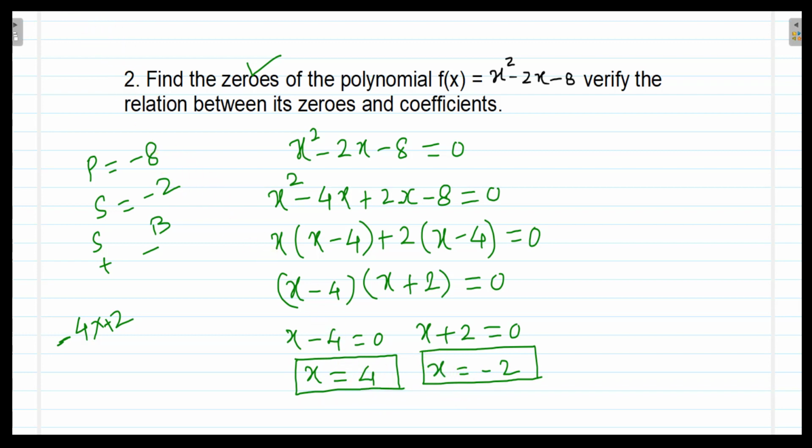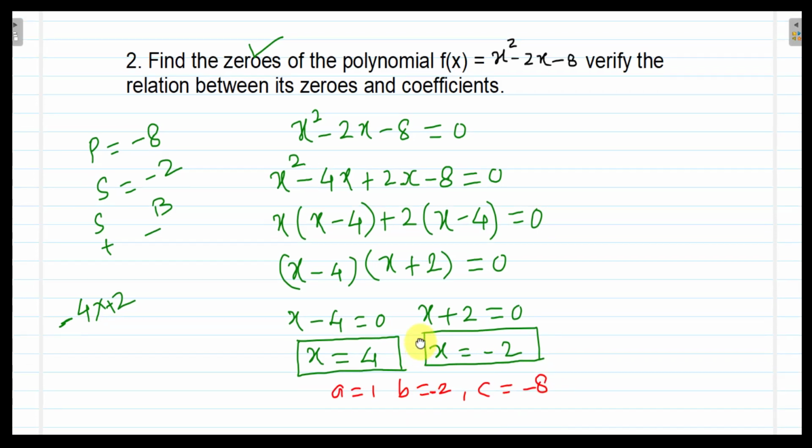Now friends, here we see that in this equation a is equal to 1. B is minus 2 and c is minus 8. These are the coefficients of the given polynomial.